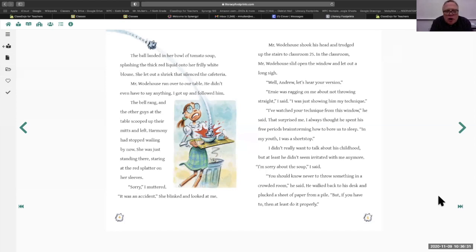Maybe it's a word that you don't know. When you get that word, can you hold it up for me to see? Page 4, only page 4.